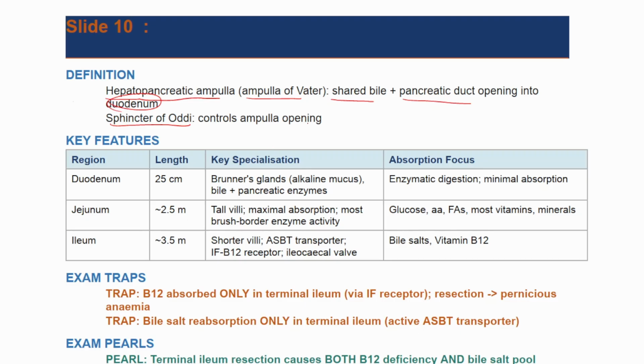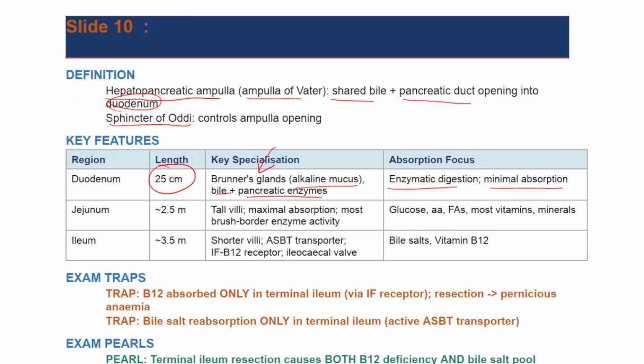As we have covered the cellular mechanisms in detail, let us trace these events across specific anatomical zones. The duodenum measures 25 cm in length, specializing in alkaline mucus from Brunner's glands alongside bile and pancreatic enzymes to focus on enzymatic digestion with minimal absorption.